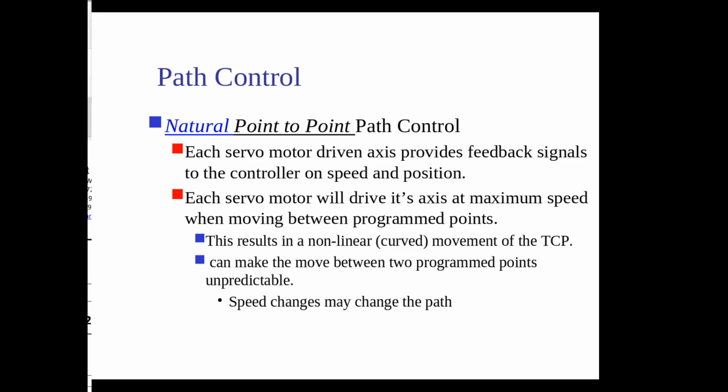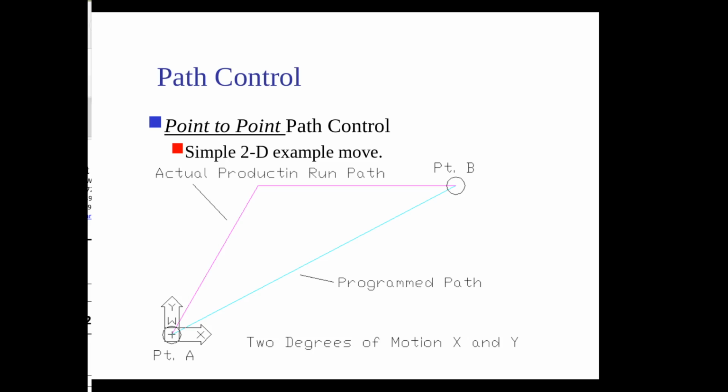So when it's going to move between those 2 points, the controller basically knows what path it's going to make, but the programmer doesn't know that. That's handled by the base application software.